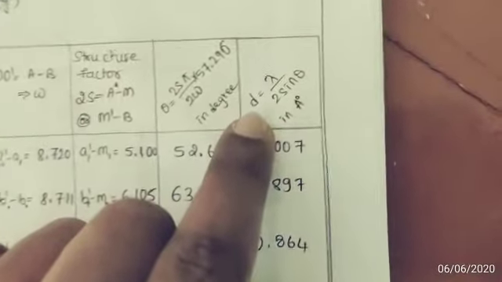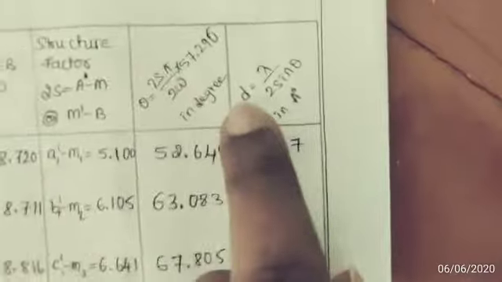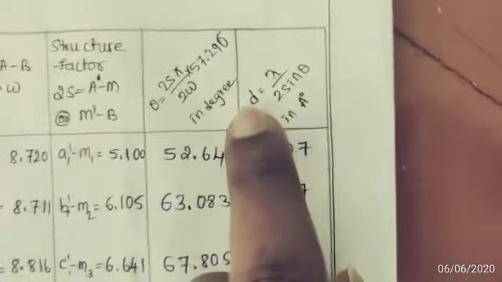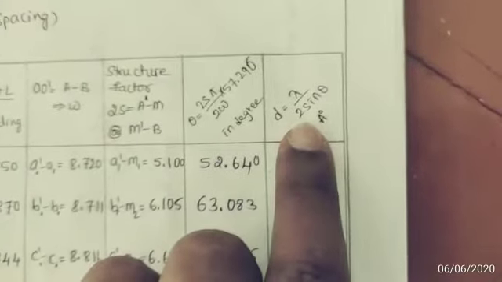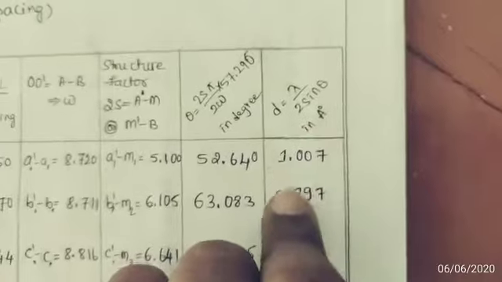Finally, I calculated d, that is interplanar spacing of a cubic crystal, is equal to lambda divided by 2 sine theta.